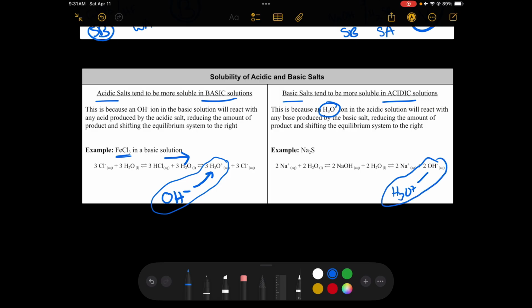Again, we're removing product, which means that we're going to shift our equilibrium forward. So you just have to know, if I have an acidic salt, it's going to be more soluble in a basic solution. If I have a basic salt, it's going to be more soluble in an acidic solution. The AP test will rarely ask you for reasoning on that. This tends to be more of a multiple choice question, but just knowing that information is helpful.